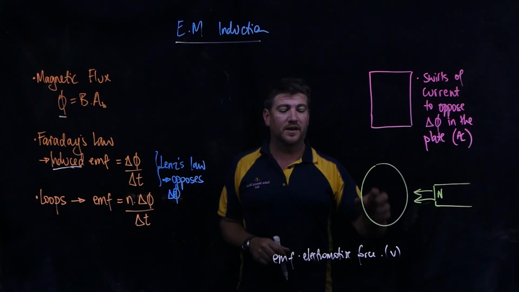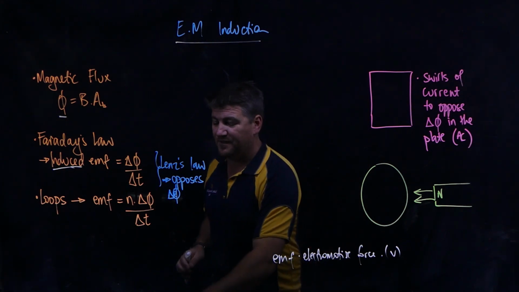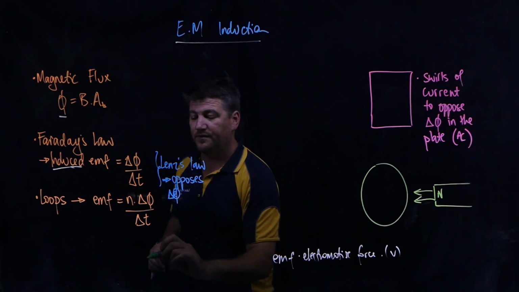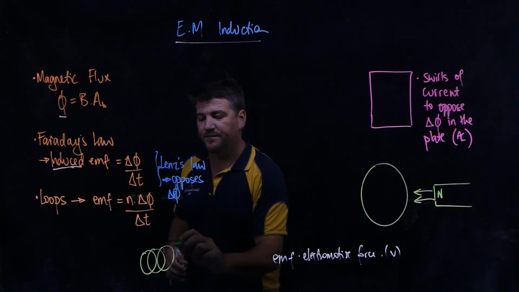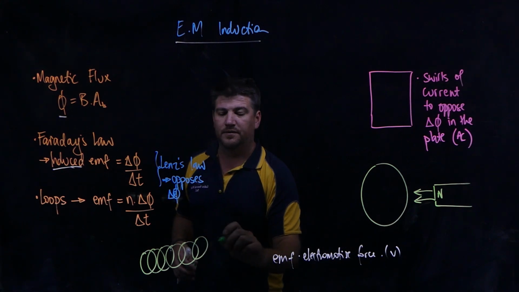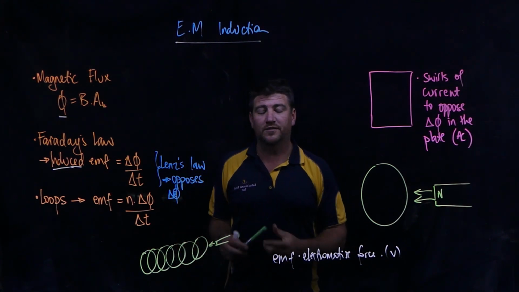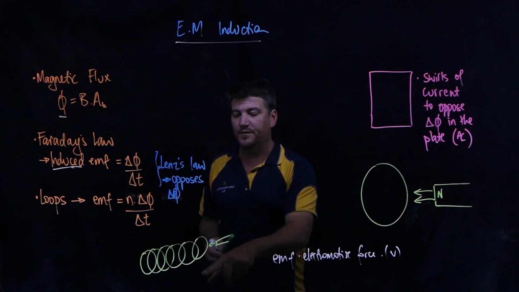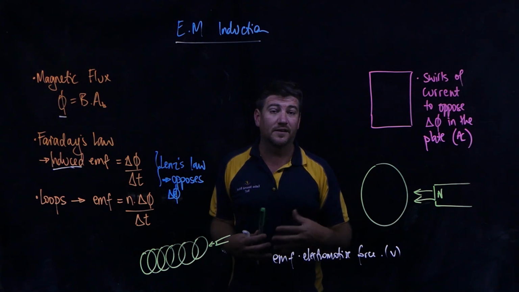Now, if I was to get two or three of these, I'll mess up my drawing, actually, I'll do it down here. If I was to get a few of these loops like this, and I was to have the same magnet move that way through there, what I'm actually going to do is induce an EMF in the first one, and the second, and the third, fourth, fifth, etc. And all of these EMFs are unique.